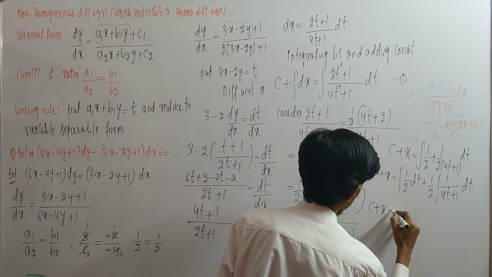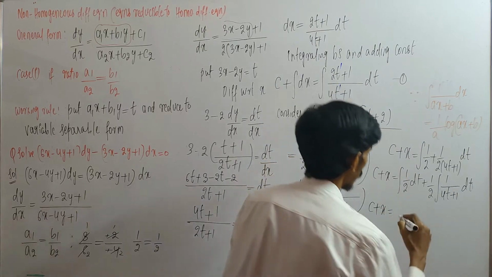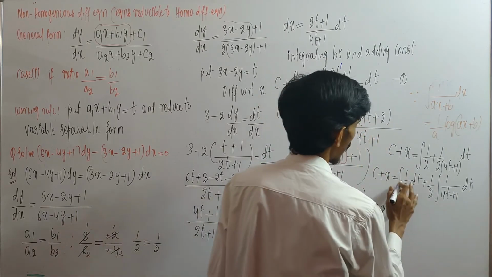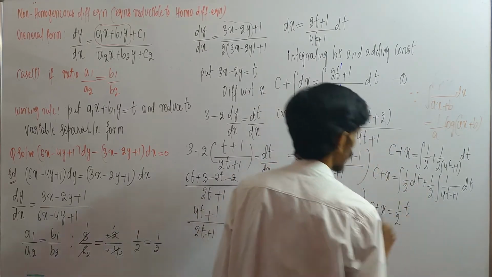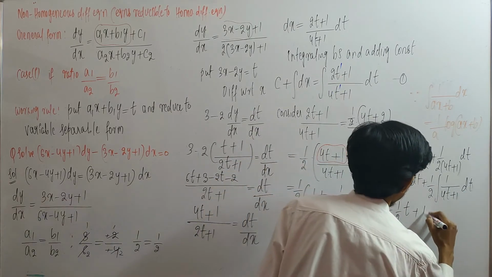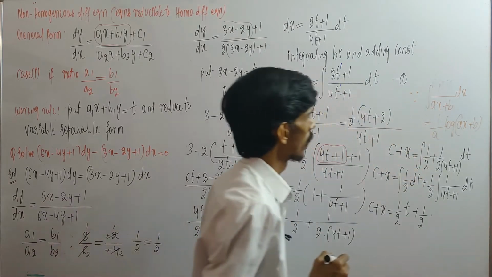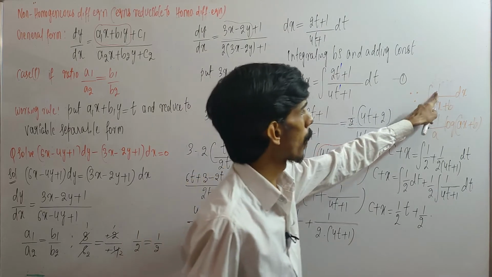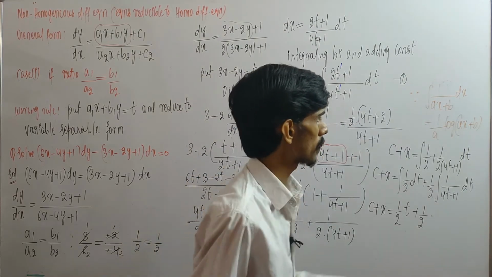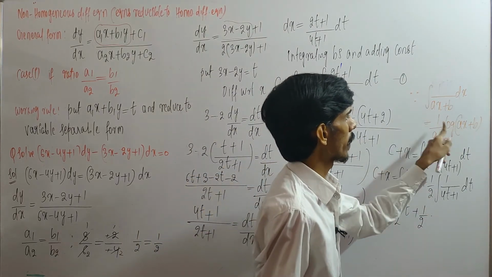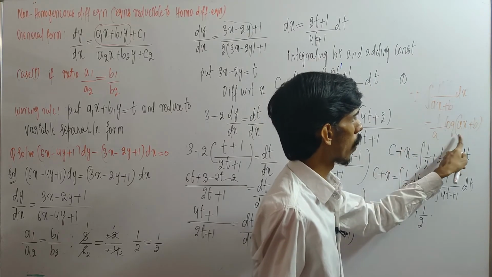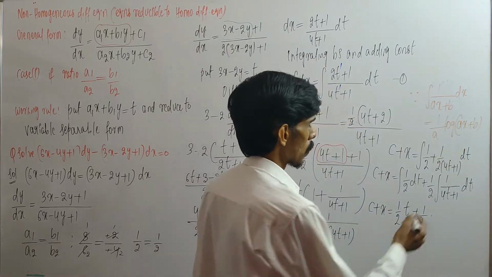Here we have c plus x is equal to, take 1 by 2 out of this integral, we have integration dt, value is t, plus 1 by 2 into integration 1 by ax plus b dx. The value is: the coefficient of x is a, so take 1 by a log of the denominator.